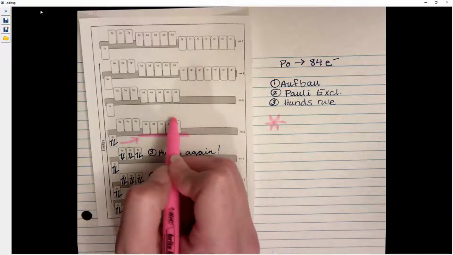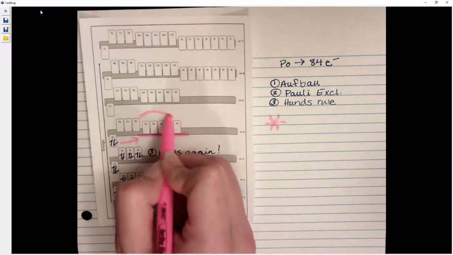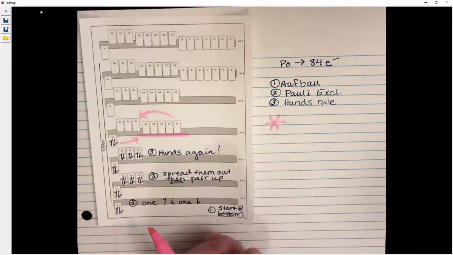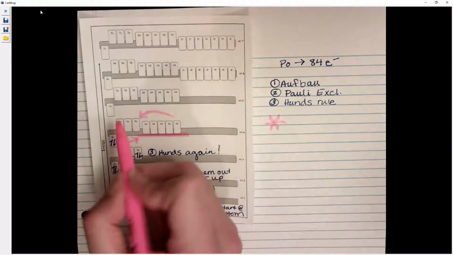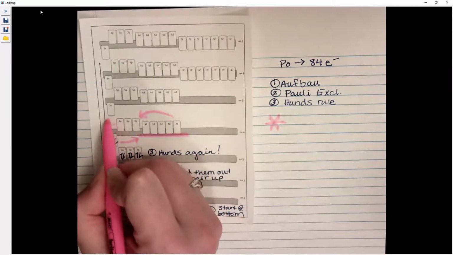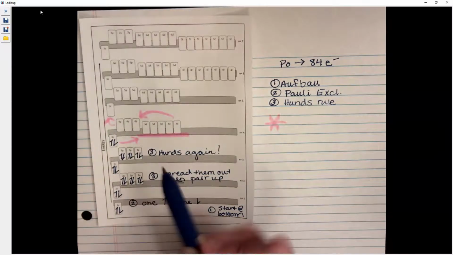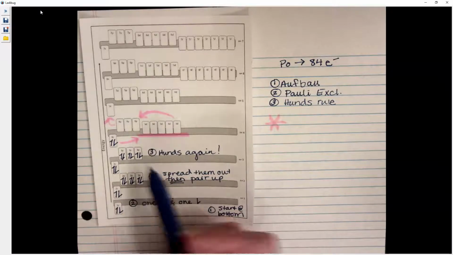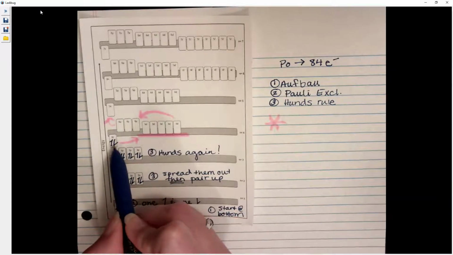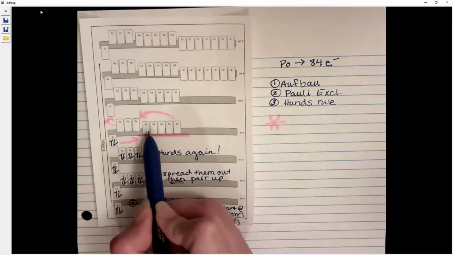Then once those are full, then I can go to 4p. Then the next lowest would be 5s, and so on. So you have to be really careful because they're not going to come in numerical order every time. It takes less energy to put electrons in the 4s orbital than it does the 3d orbital.